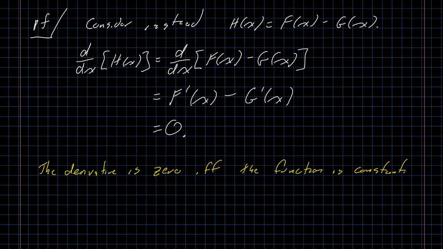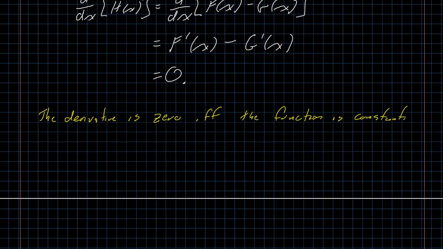Right. The derivative of a function is the rate of change of the function, how fast y is changing with respect to x. And if the rate of change is 0, that means that y is not changing with respect to x. The function is constant. So since the derivative of h of x is equal to 0, that means that h of x is equal to c for some constant c.